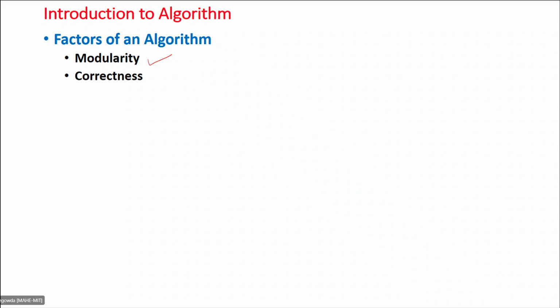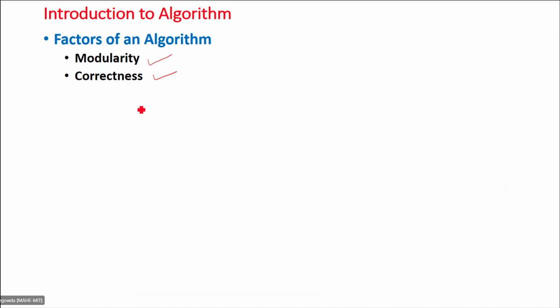The second one is correctness. The correctness of an algorithm is defined as when the given inputs produce the desired output, which means that the algorithm has been designed so that we are able to get the well-defined output.